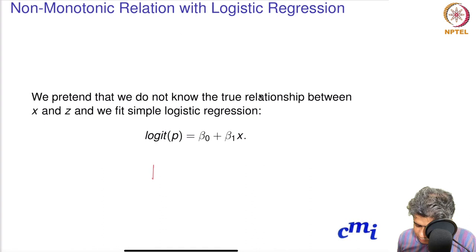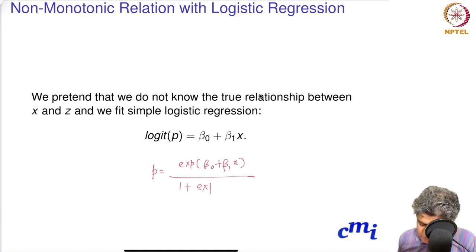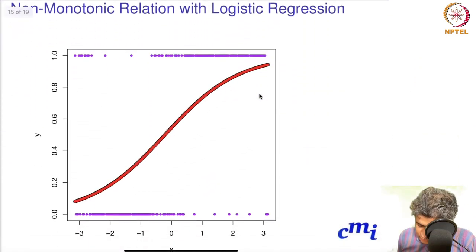That is, P equals e to the power beta naught plus beta 1 X, divided by 1 plus e to the power beta naught plus beta 1 X. Now if you fit that, it is fitting a simple elongated S curve.